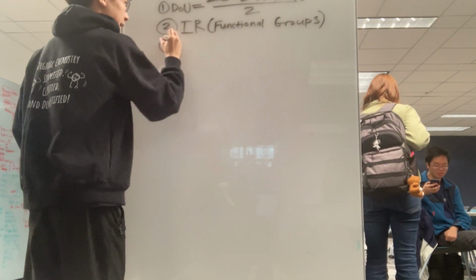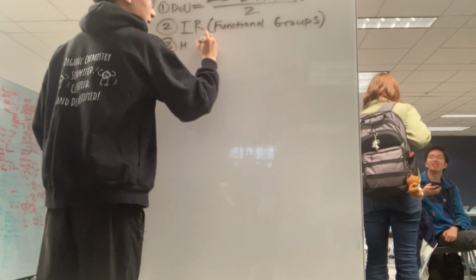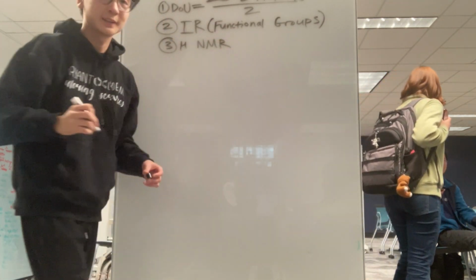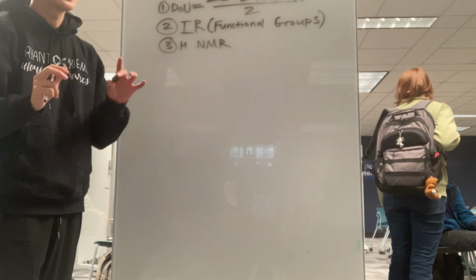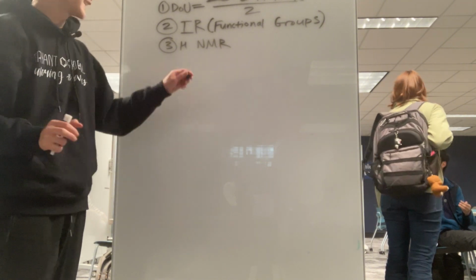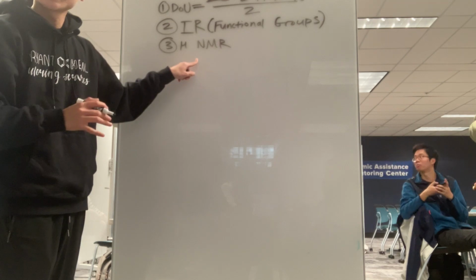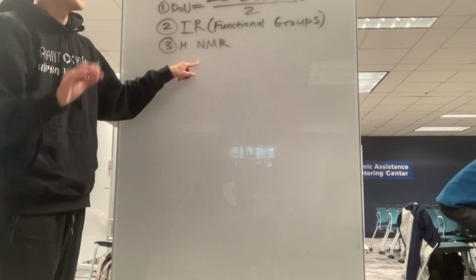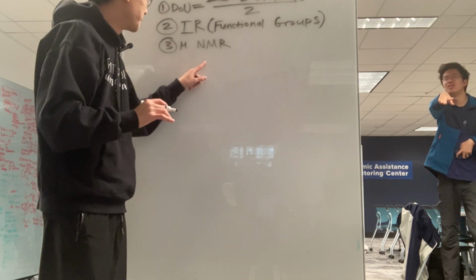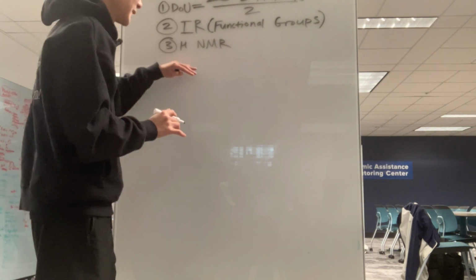The third step is I look at my HNMR to see very specific fragments of the molecule, because HNMR is the most powerful tool here. It shows you how many neighbors each peak of hydrogens has, and the integration as well.